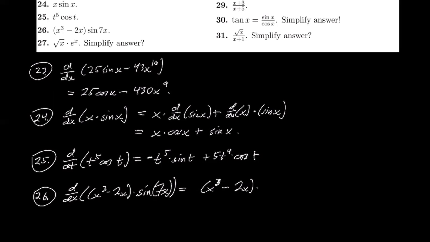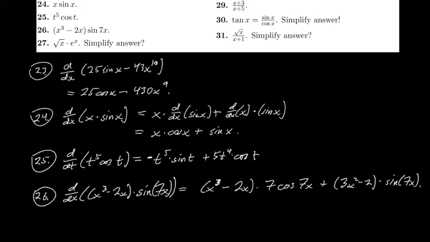Remember, the idea is it pops the 7 out in front. Sine becomes cosine. So it's 7 cosine 7x plus the derivative of the first. Derivative of x cubed minus 2x is 3x squared minus 2, times, and then we don't do anything to the sine of 7x. Okay, so there you go.